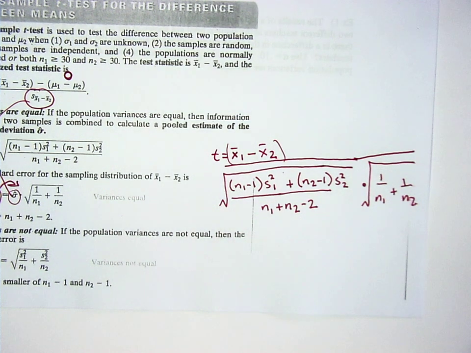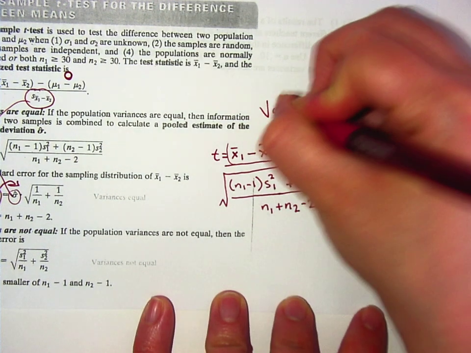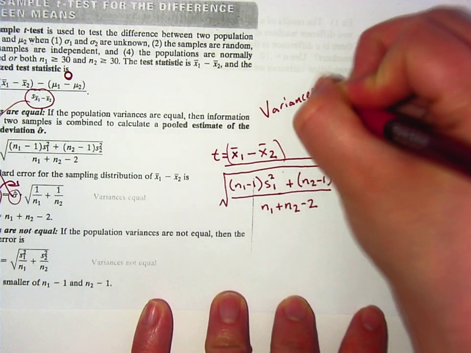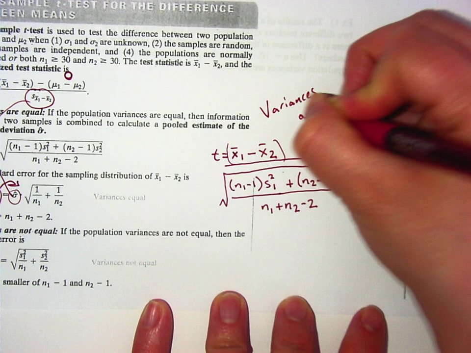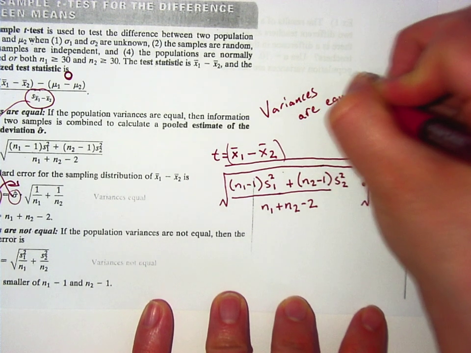And that's if the variances are considered to be equal. So if the variances are equal, you use this formula.